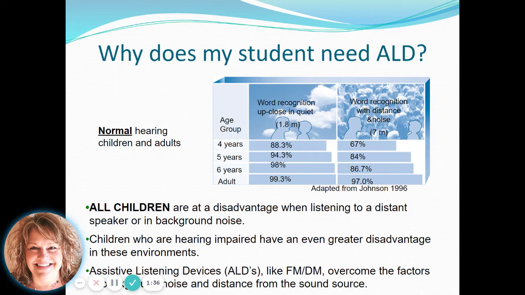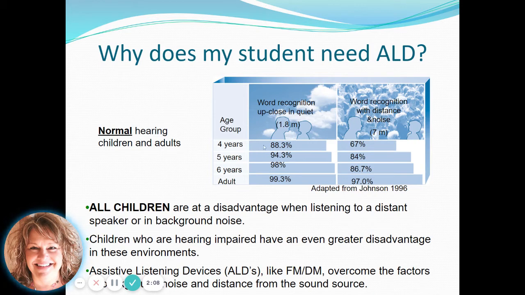Assistive listening devices would benefit the majority of children, but as far as those that have a hearing loss, it can affect them much more. There was a study done back in 1996, and statistics haven't changed much, with normal hearing children and adults. When the study was done, the word recognition up close, so that's just understanding the words in quiet, was as follows.